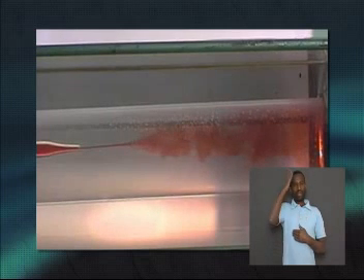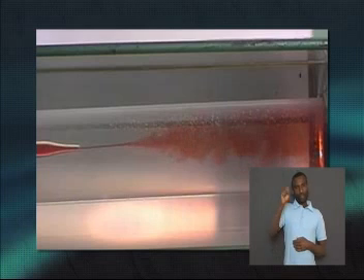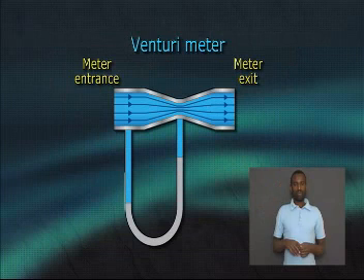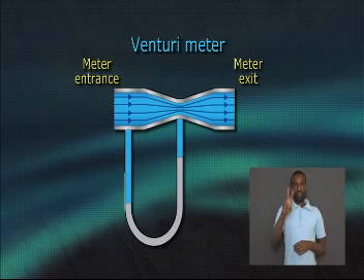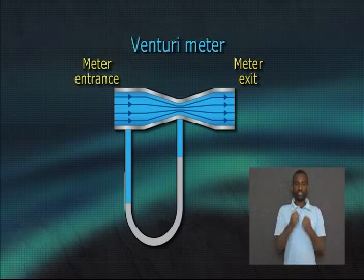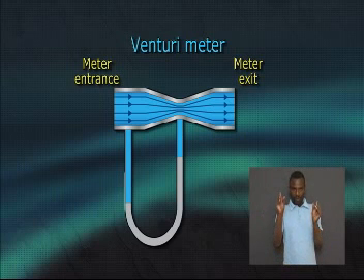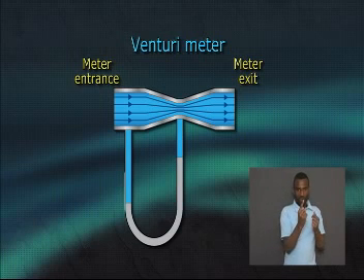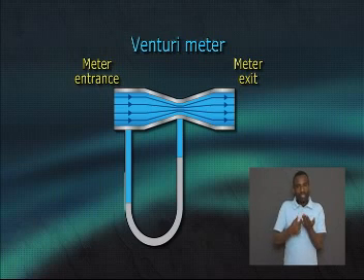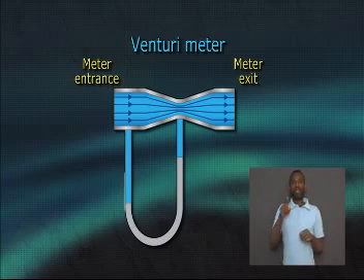We can test the streamlining of fluids using tools such as a Venturi meter. A Venturi meter uses a length of tube with one or more wide sections and at least one narrow section. Pushing fluid through the wide end and into the narrow end creates a jet effect.